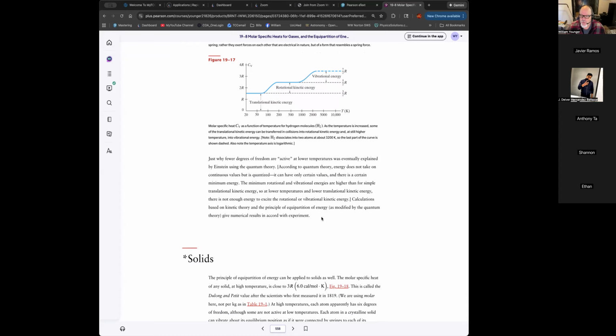If you also have 1/2 I omega squared for horizontal, and 1/2 I omega squared for vertical, that's another 1/2 plus 1/2, so that gives you 5 halves. And then you could have 1/2 kx squared for the vibrational potential energy, and 1/2 mv squared for the vibrational velocity. So that brings it up to 7 halves.